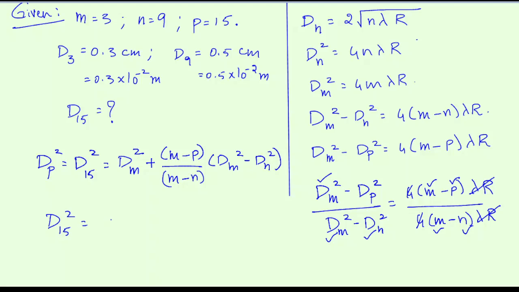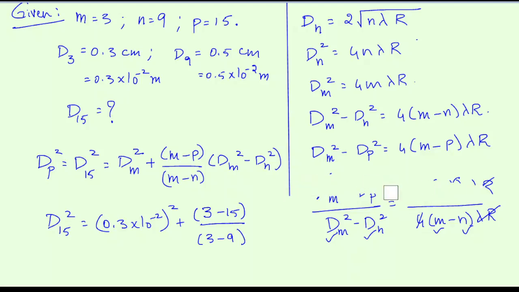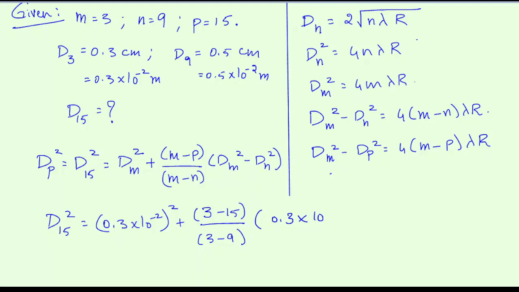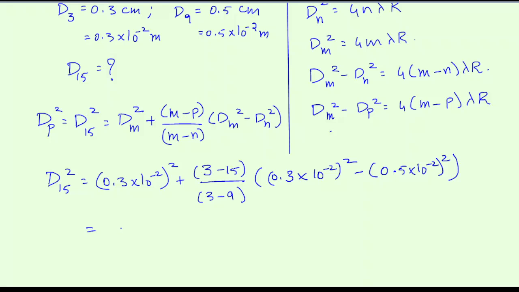Dm square is 0.3 into 10 power minus 2 whole square, plus 3 minus 15 over 3 minus 9, into 0.3 into 10 power minus 2 whole square minus 0.5 into 10 power minus 2 whole square. That gives us 0.09 into 10 to the power of minus 4 plus 12 by 6 into 0.16 into 10 to the power of minus 4.